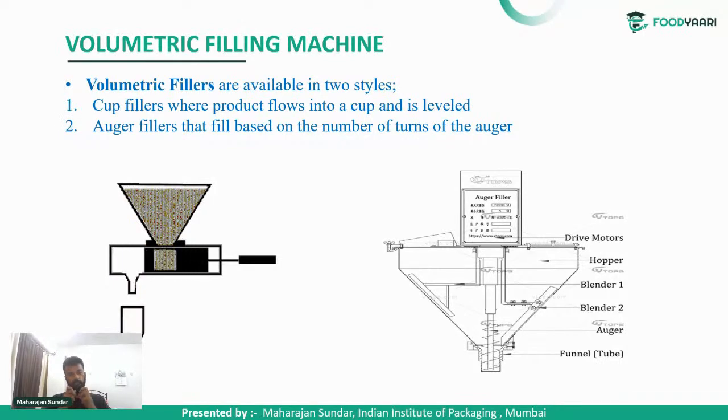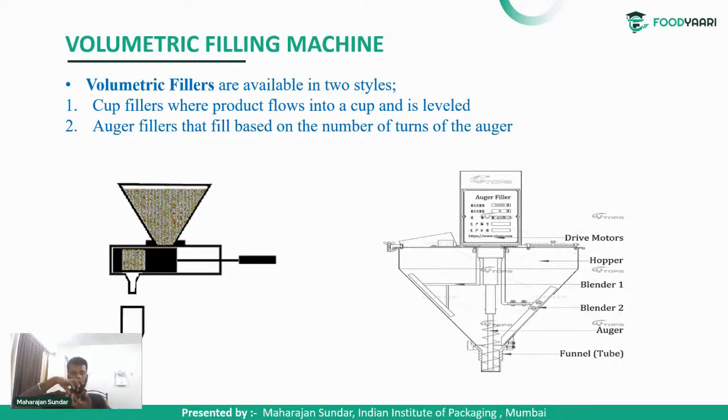Auger fillers are generally used to pack fine particles of products which are hygroscopic in nature. The rate of dispersion is based upon the rotation of the auger. The rotation of the auger is determined by the motor which is fixed above.